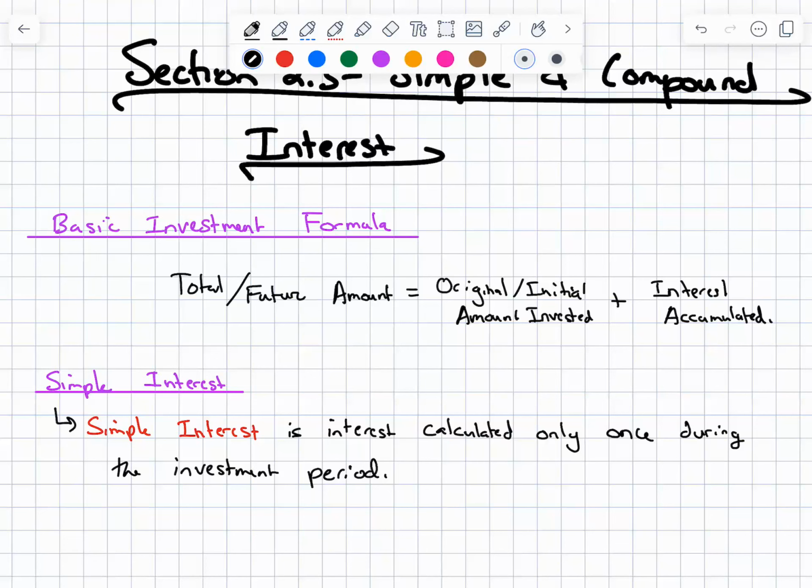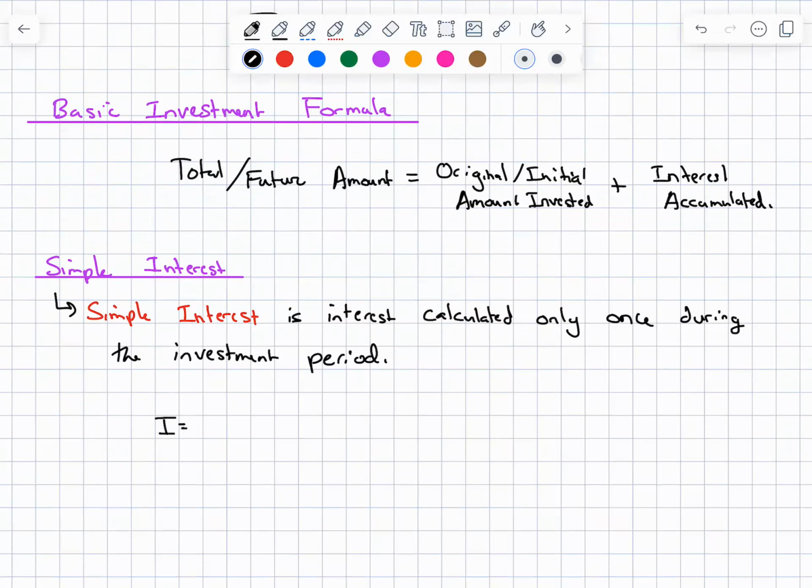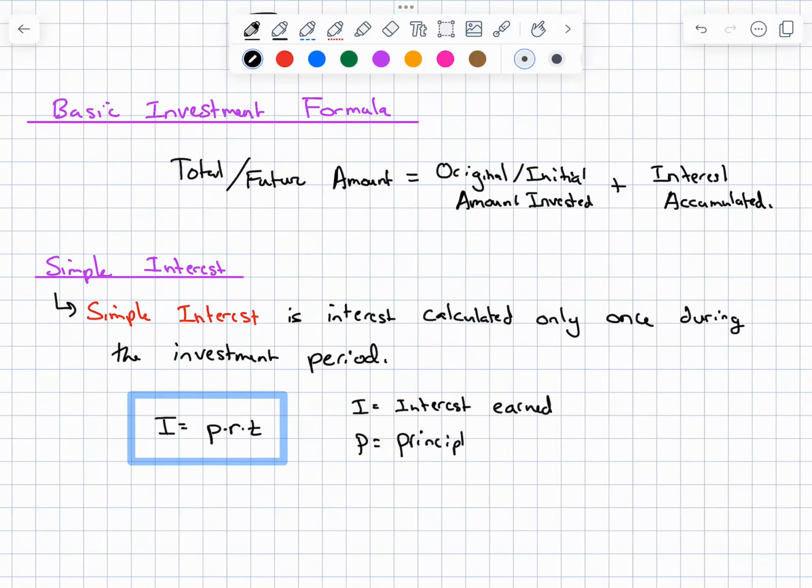So capital I is equal to P times R times T. That is the simple interest formula. I will provide it. You don't need to have it memorized. Here, I equals the interest earned, lowercase p equals the principal, principal or initial amount.